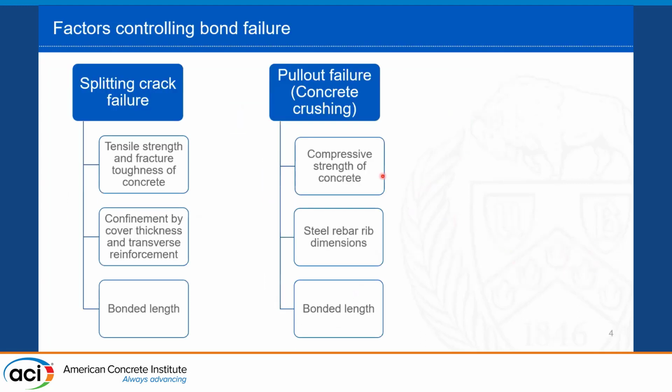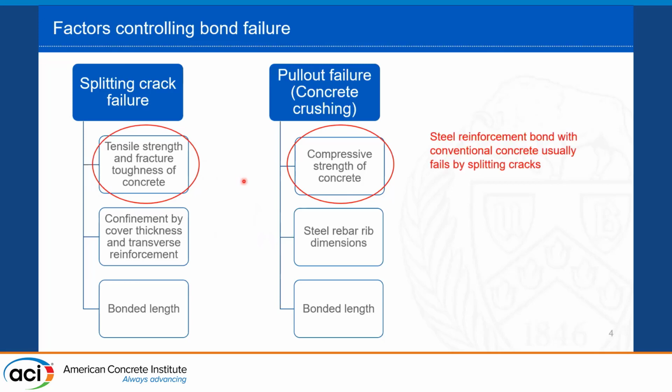The splitting crack failure depends on the tensile strength and fracture toughness of the material, the confinement depending on the cover thickness and the transverse reinforcement used, and the bonded length. The pull-out resistance depends on the compressive strength of the material, the steel rebar rib dimensions, and the bonded length. So from the material point of view, using new materials such as UHPC affects these two points, the tensile strength and the compressive strength.